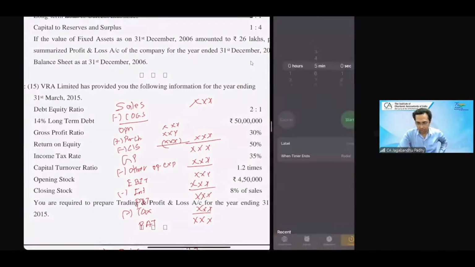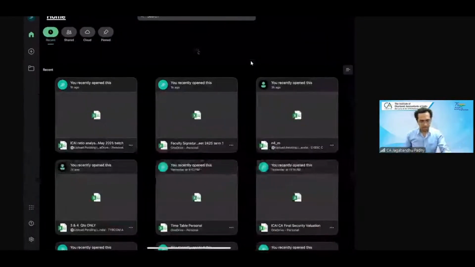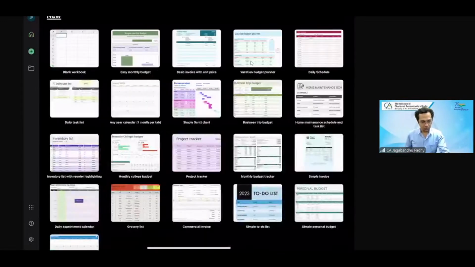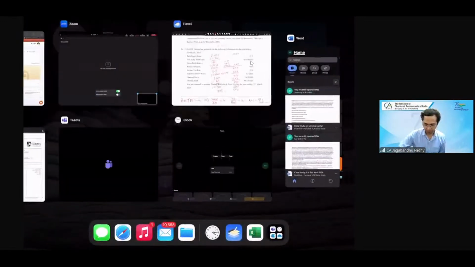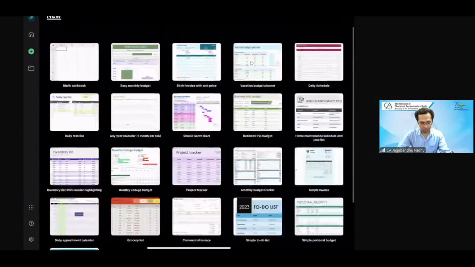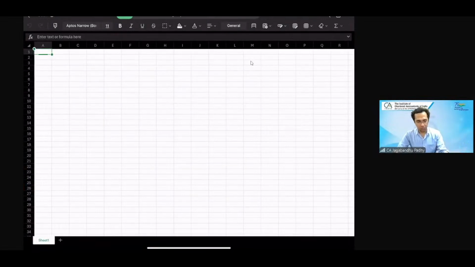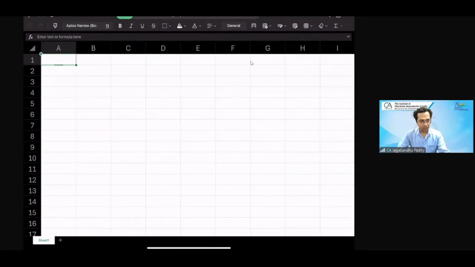Okay, time up. Let me start. I don't know. Maybe let me just take up a... No, blank is not opening. So we have a list of blank book opening.